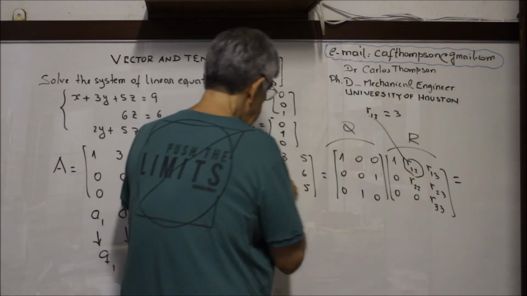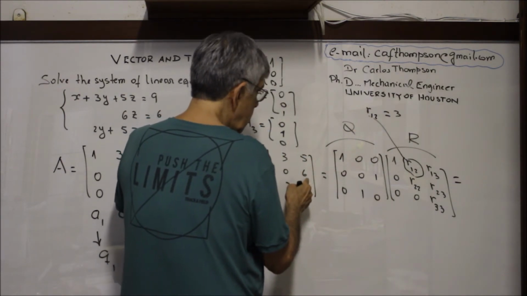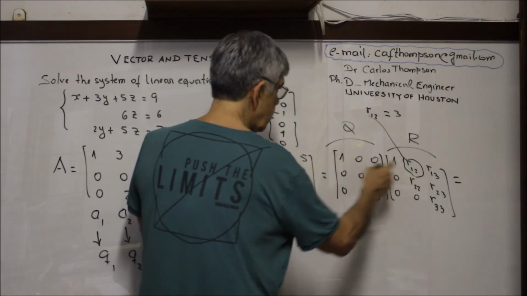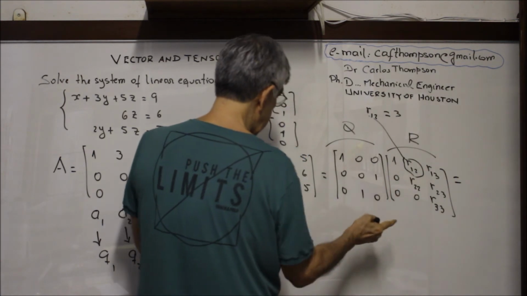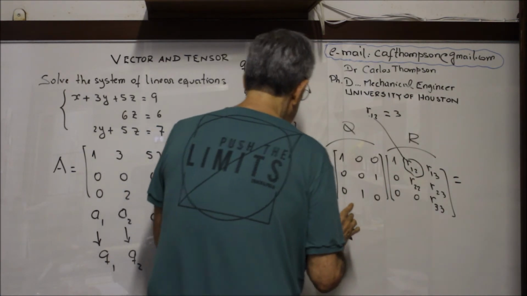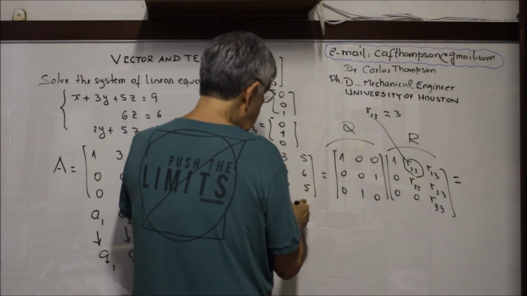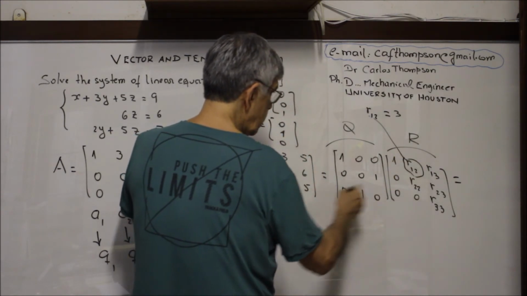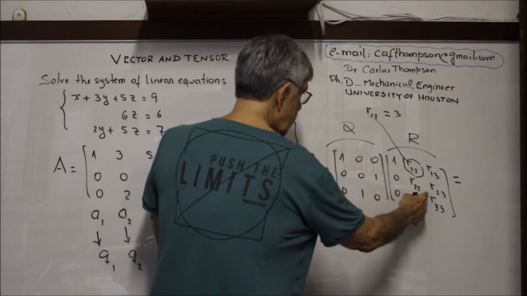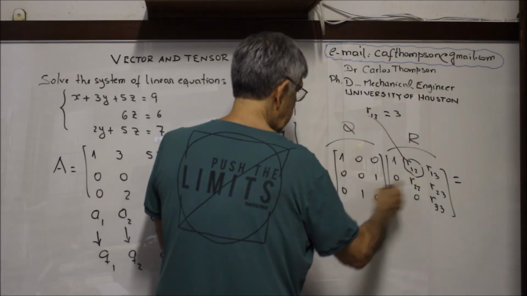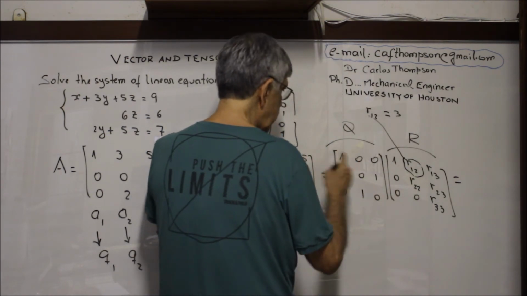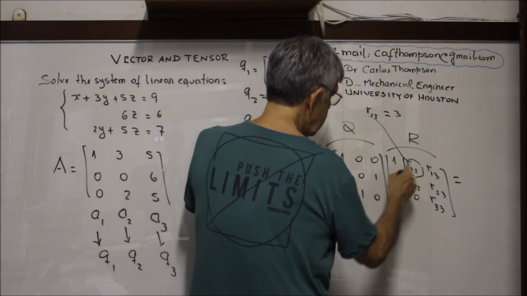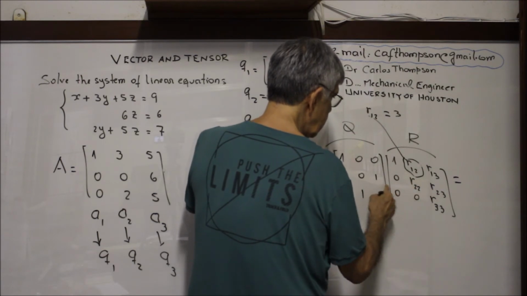Now, second row and second column. This will be 0 times 0, 0 times 0, 6 times 0. So that's okay. Now, third row, second column. I multiply here, this times this, so it will be 0 times 0 plus 0 plus 0.